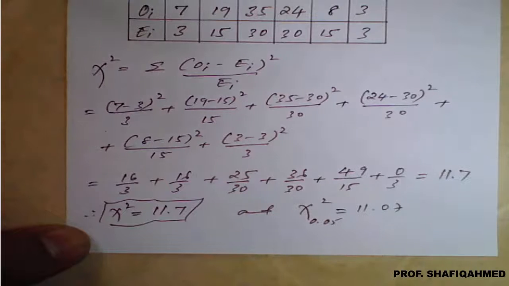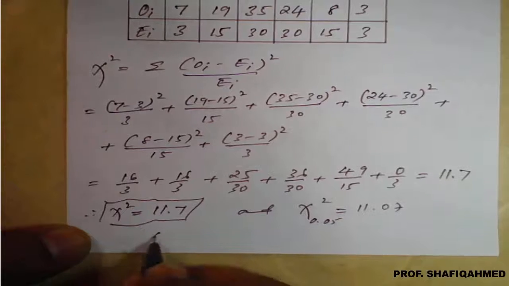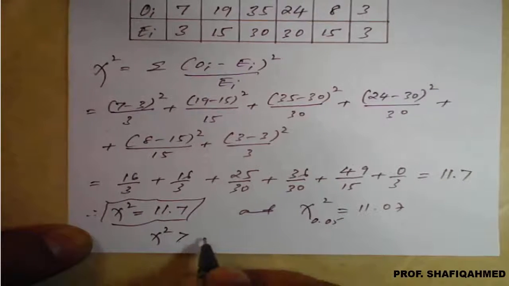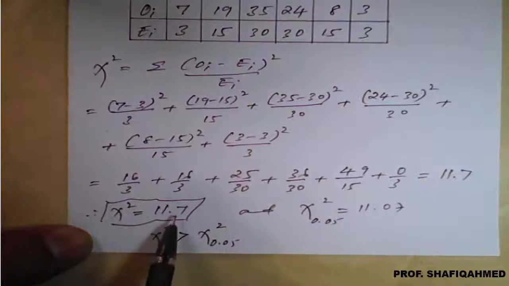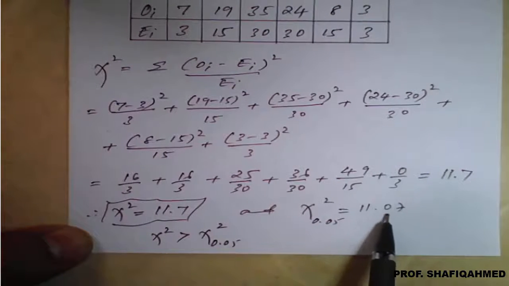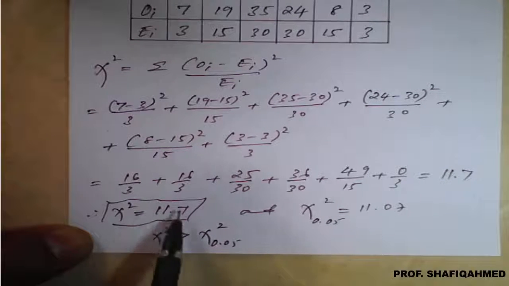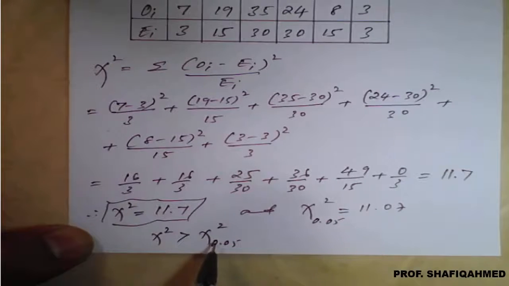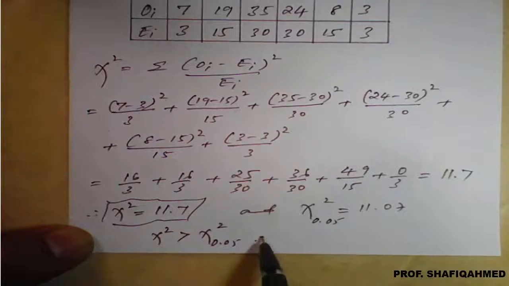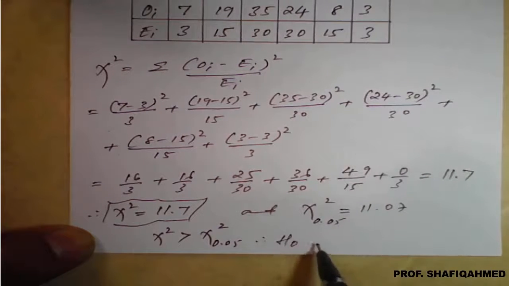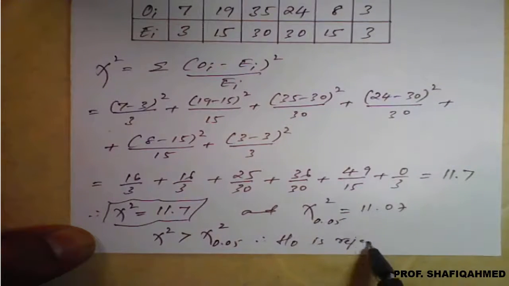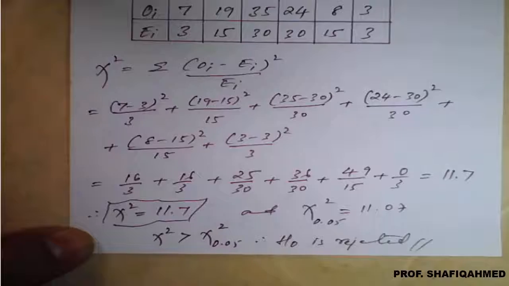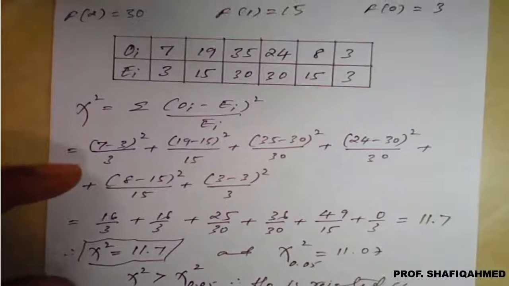The calculated chi-square value is greater than chi-square of 0.05, because 11.7 and 11.07 are near, but here 0.7 is greater than 0.07. Therefore this value is greater than the required value, so I can say that H0, that is the hypothesis, is rejected. In this way we need to calculate the problems now.